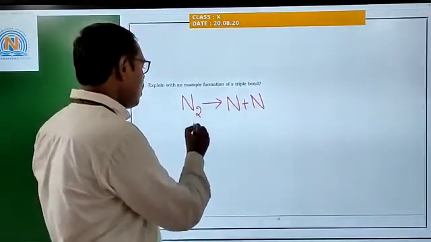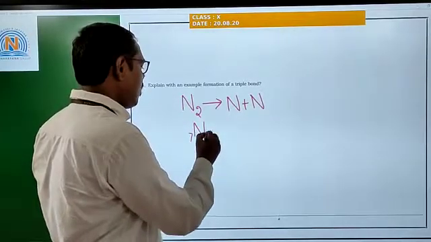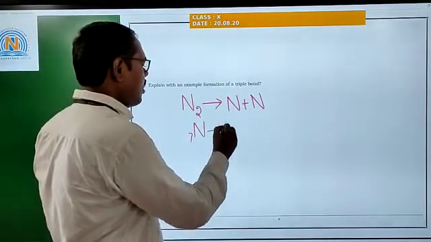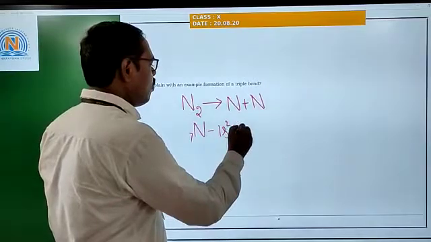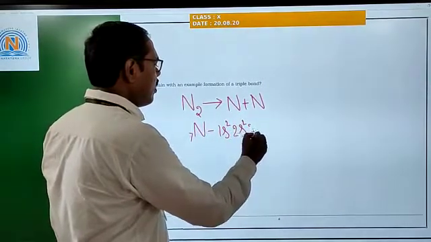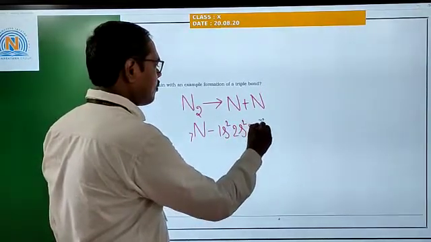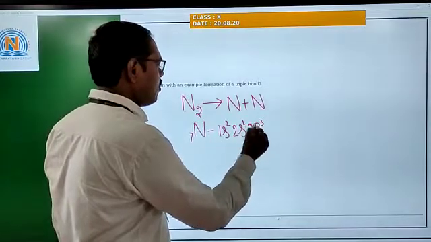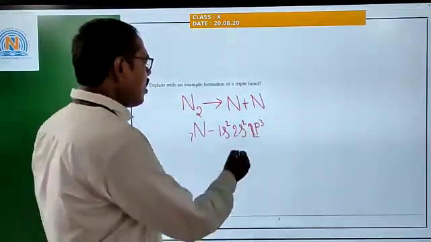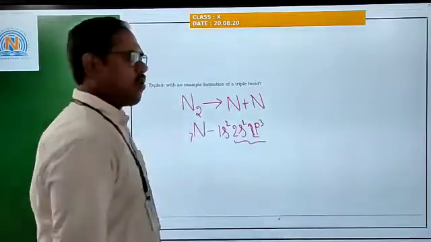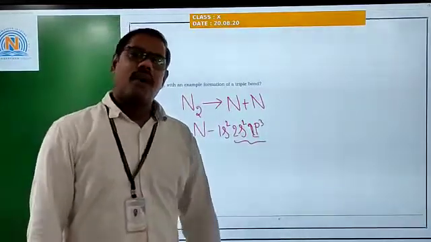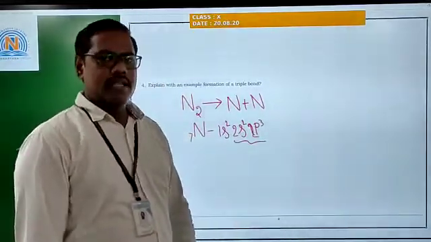The nitrogen atomic number is 7, electronic configuration is 1s2, 2s2, 2p3. So nitrogen contains 5 valency electrons in its valency orbit.